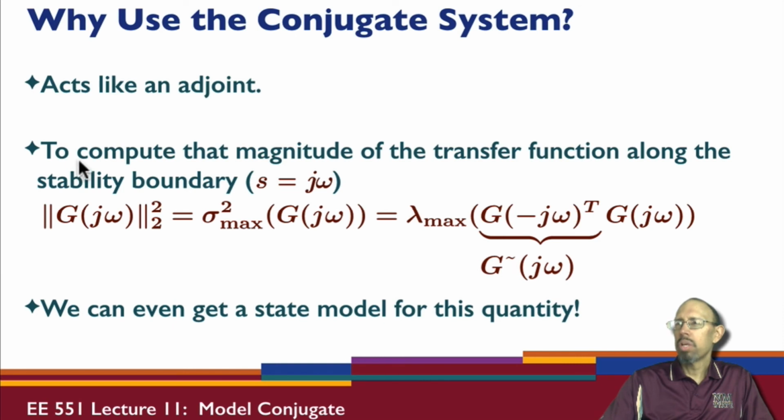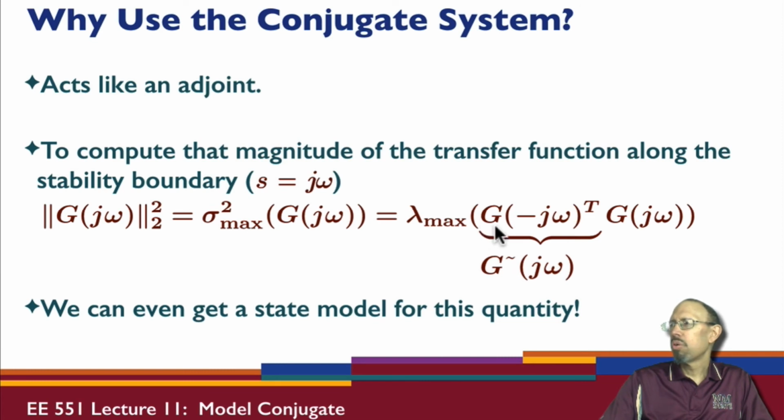So, for example, if you want to compute the magnitude of the transfer function along the stability boundary, S equal to j omega, in a continuous time system, the norm of G of j omega squared is the largest singular value of the matrix G of j omega squared. But this singular value squared is given by the largest eigenvalue of this product.